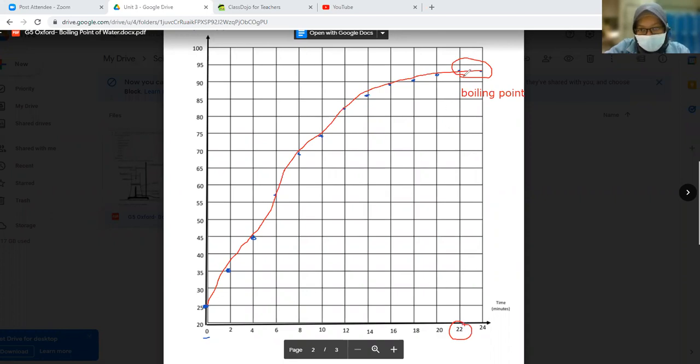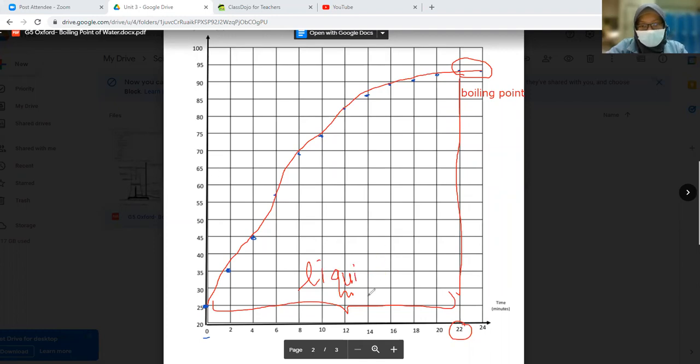Okay, and before the temperature reaches 93 degrees Celsius, the state of the water is liquid.